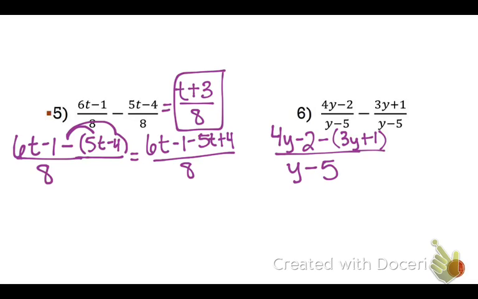To drop those parentheses, we have to distribute the negative. So 4y minus 2 minus 3y minus 1. Good. My denominator is still y minus 5. That has not changed. So we go to combine like terms in the numerator, which means we still, at least for now, have a y minus 5 in the denominator. What am I combining in my numerator?